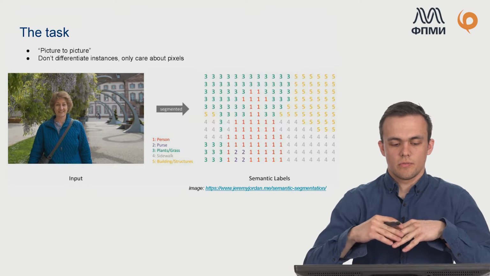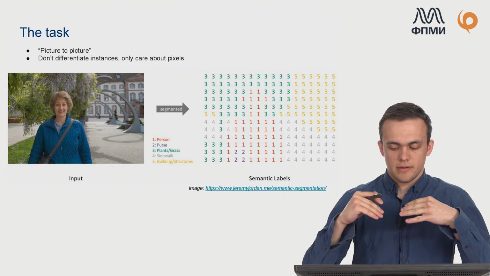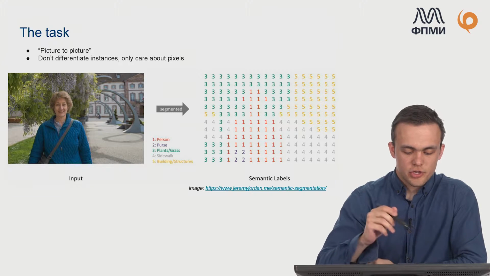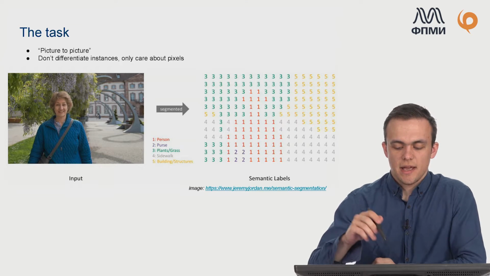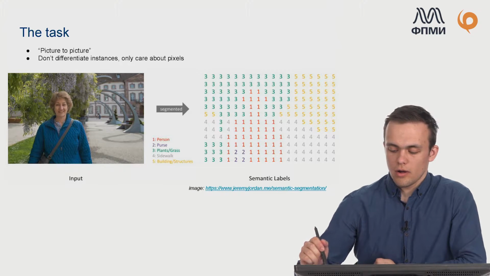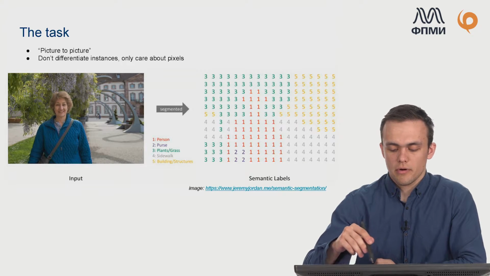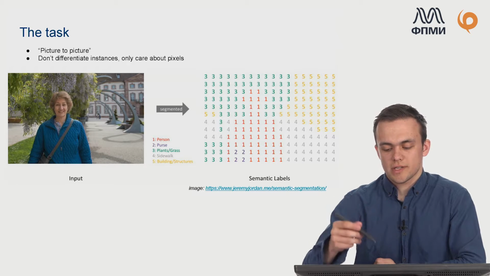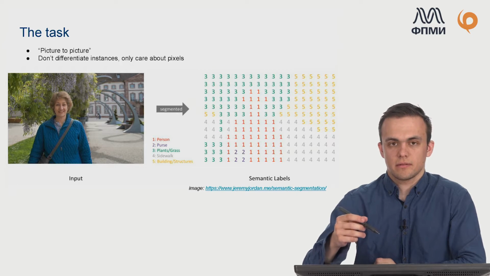dive into our task. So we have here a picture, and what we want is some kind of map where on every pixel there is a number that determines what class this pixel belongs to.